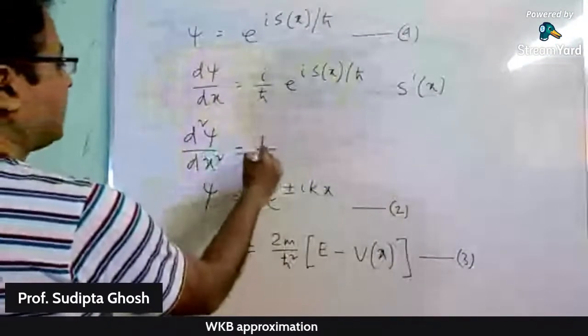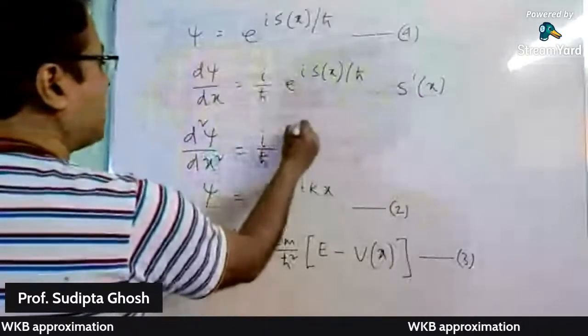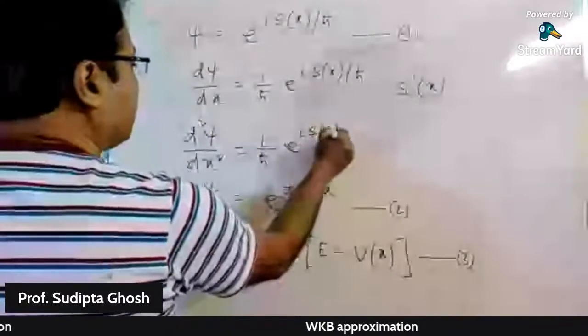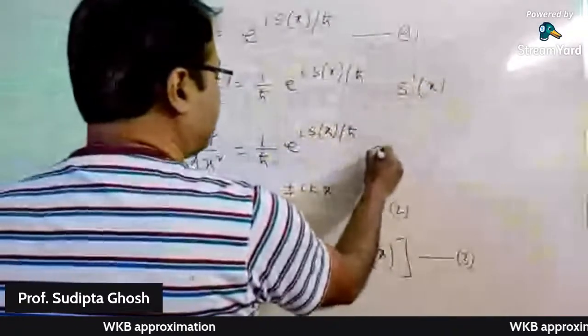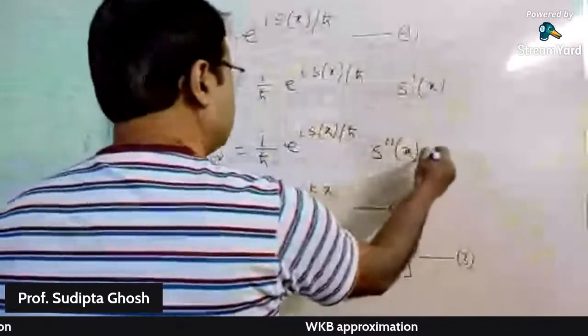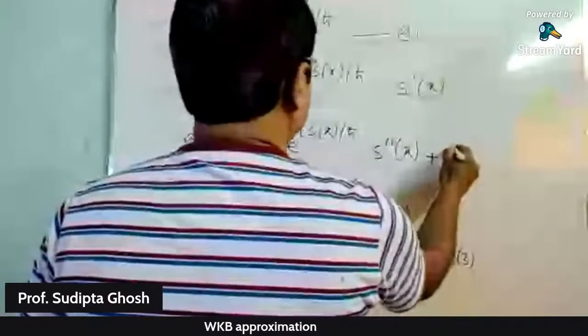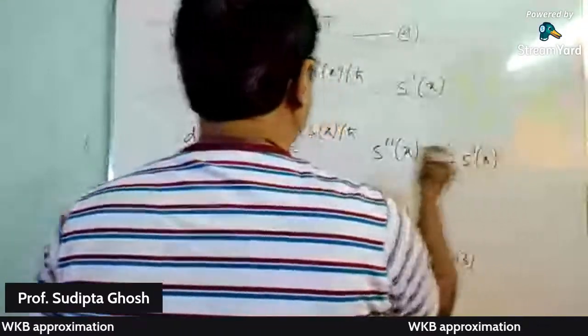Again, it will be i by h cut, keeping e to the power i s(x) by h cut constant, then the differentiation of s prime x will give me s double prime of x, then plus i by h cut, keeping s prime x constant.